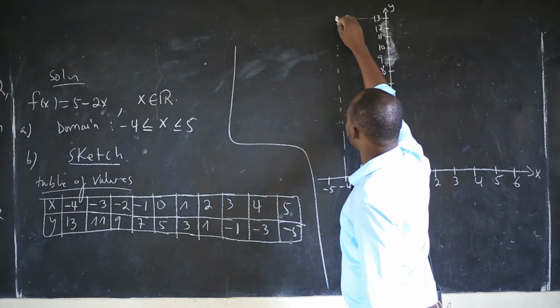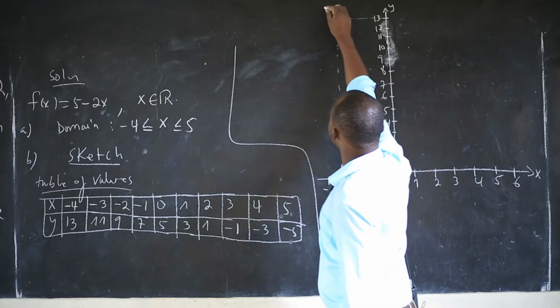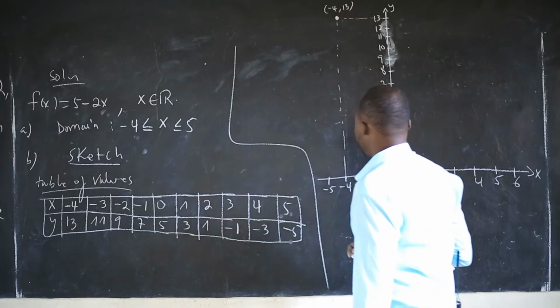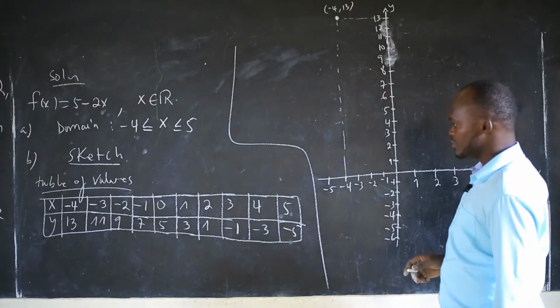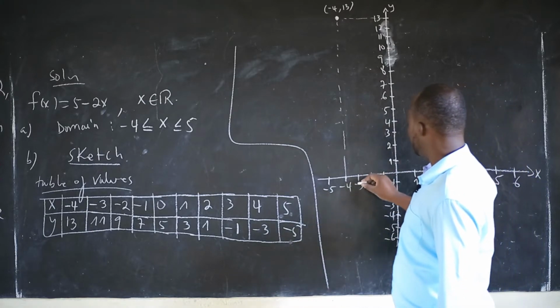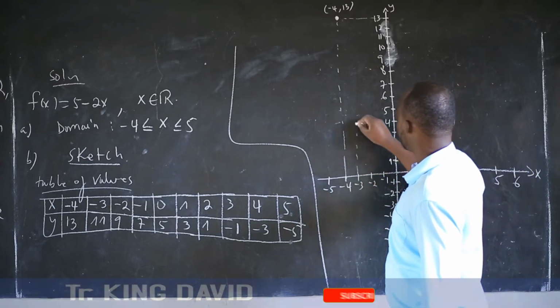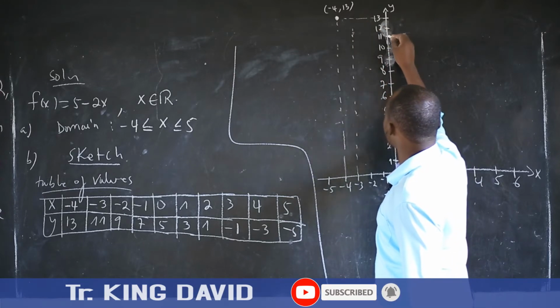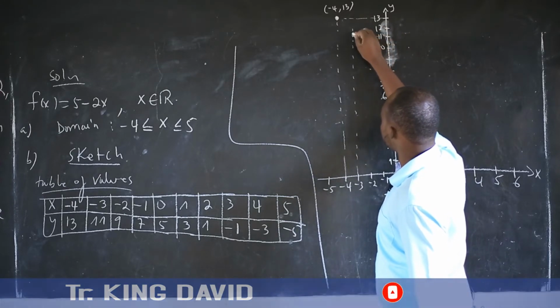I have this point, negative 4, 13. From there, I have negative 3, 11. So it is this point.